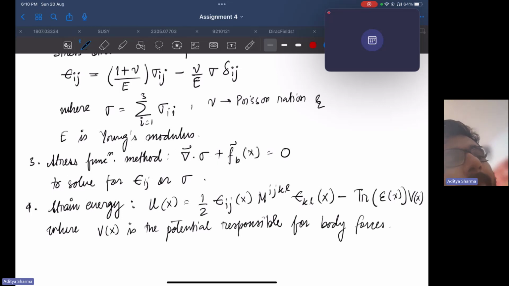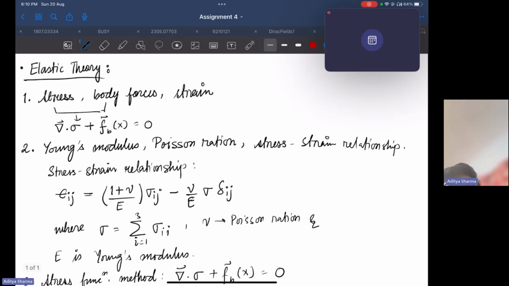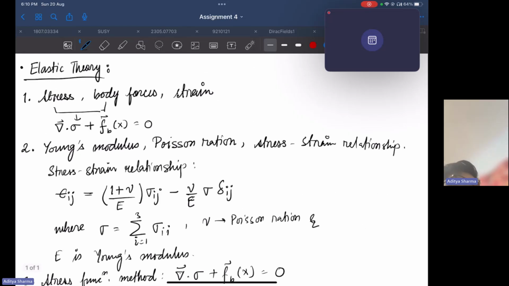That is, the body force is equal to minus del v. This was all that was in this module. And now let us start from the beginning.